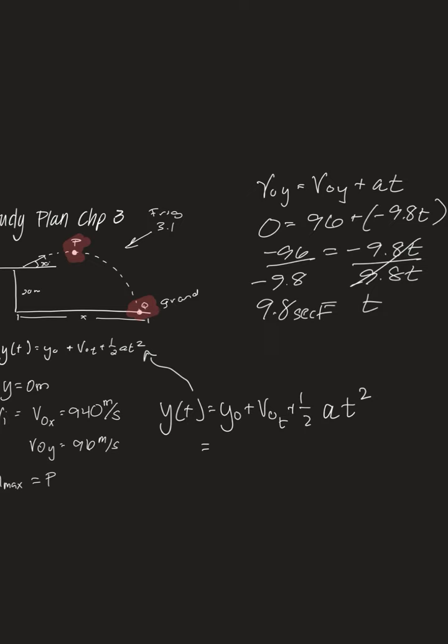So now what we do next, we do 96 times 9.8 plus 1/2 times negative 9.8 times 9.8 squared, which equals 94 minus 475.